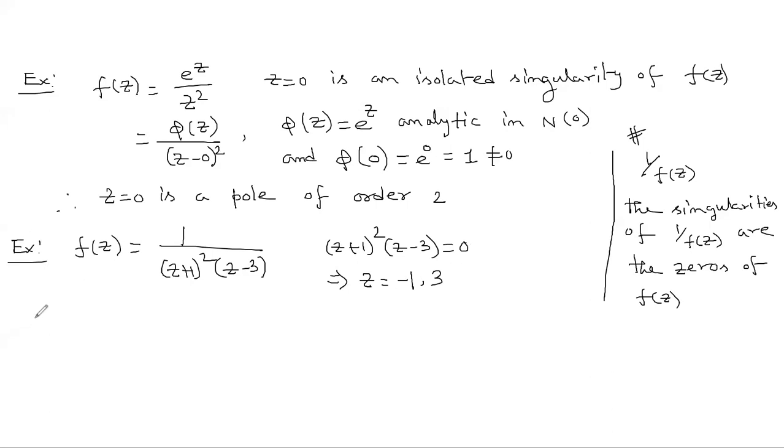Next, we can see if we write f(z) as 1 by (z minus 3) divided by (z minus of minus 1) whole square.